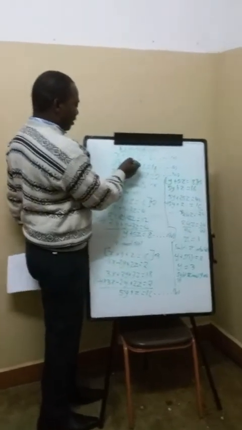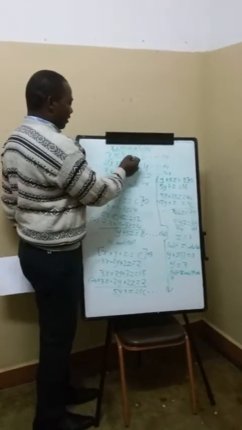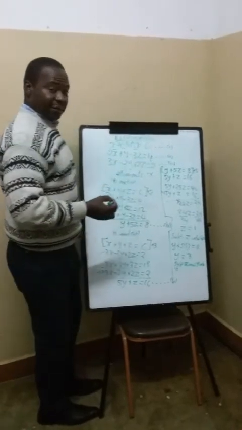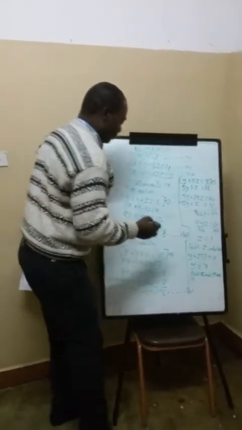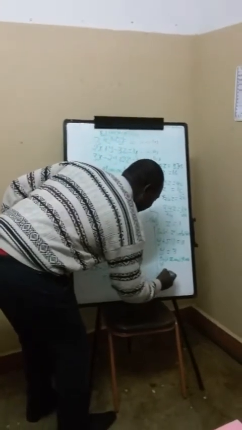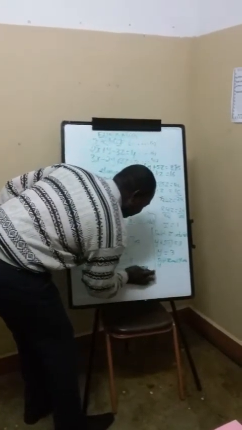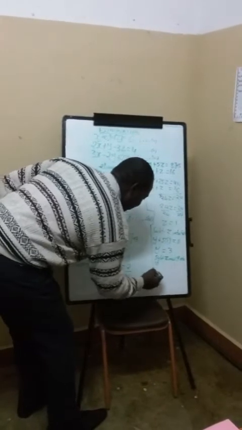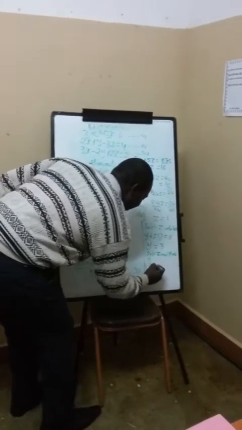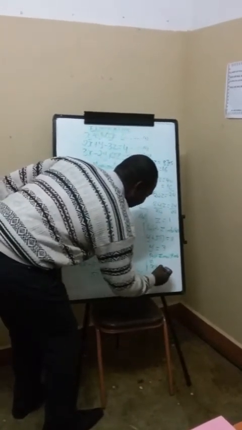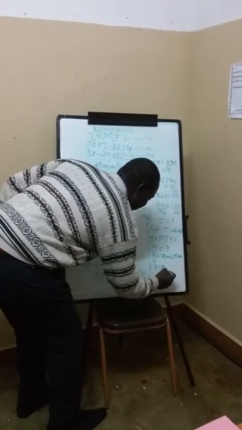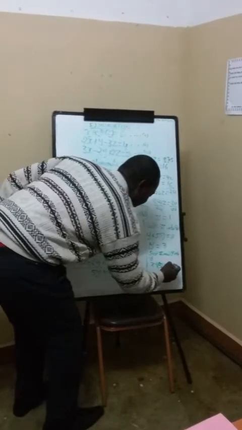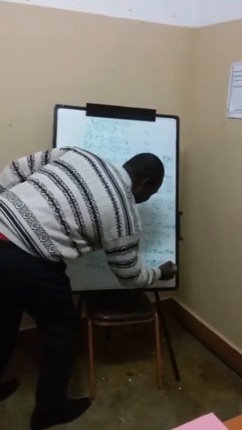So we can simply substitute the y here and the z there. Once we substitute these, we'll have x plus 3 plus 1 is equal to 6.